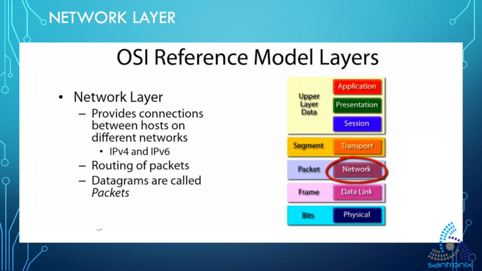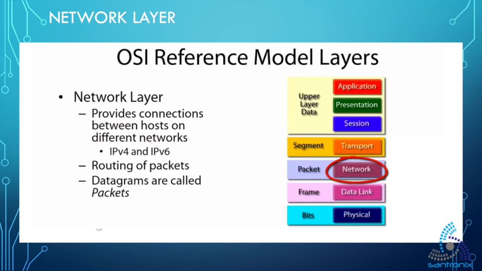IPv4 is for a lot of legacy devices, such as older computers and laptops. Most network cards nowadays come with IPv6 support as well. IPv6 supports many more IP addresses, and looking at the number of IoT devices that are going to be added by 2020, IPv6 can cater to all these needs. Again, these datagrams are called packets here.